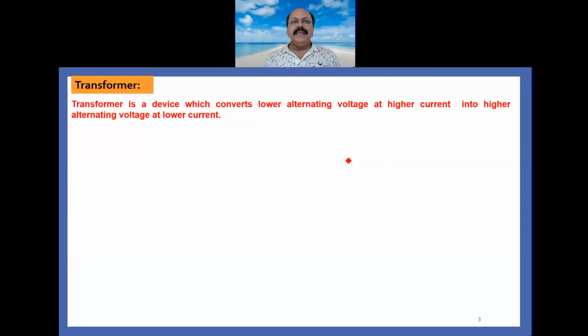So we can say that a transformer is an electrical device which can step up or step down voltages.